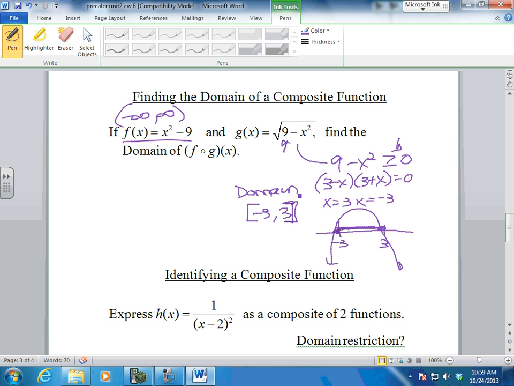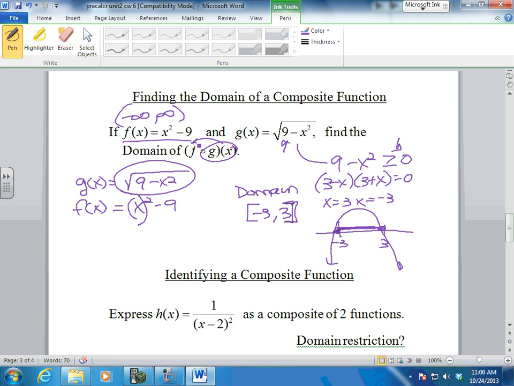So now I can work this out. Take my g of x, take my f of x, take this whole thing and take this x out of there and replace it. This g is going into this f.